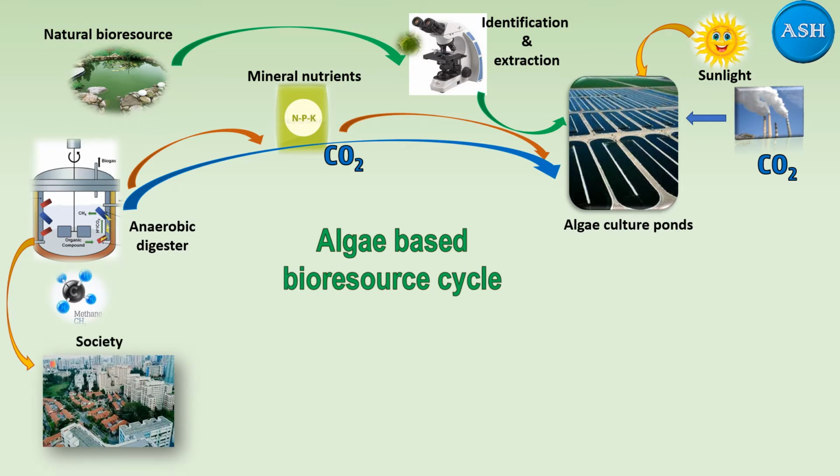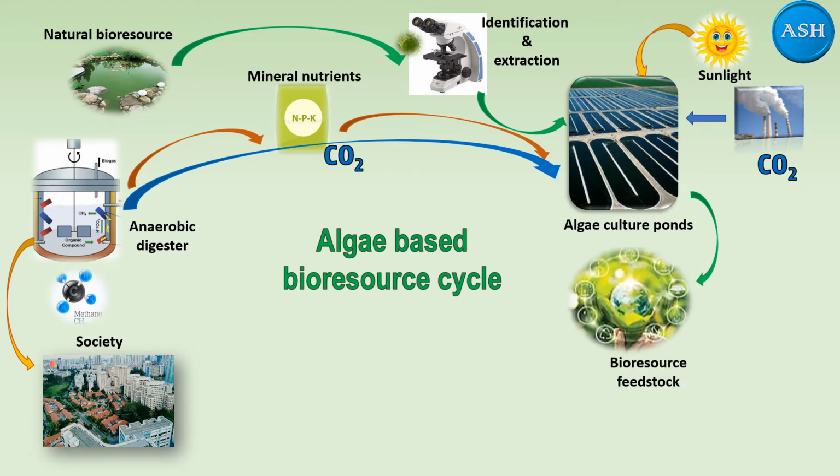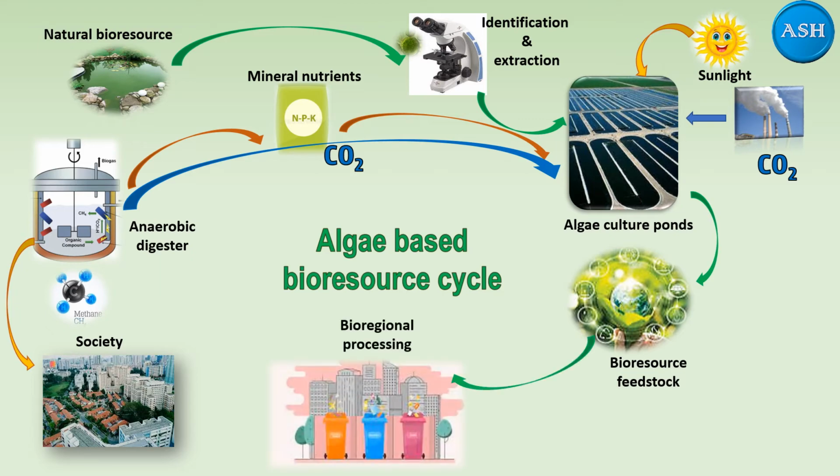Now this methane produced from the anaerobic digester is used by the society. Means people use biogas for cooking and various other purposes. And the algae biomass that forms in the algae culture ponds is used as a bioresource feedstock, where this bioresource feedstock is further processed for biorefinery processing.